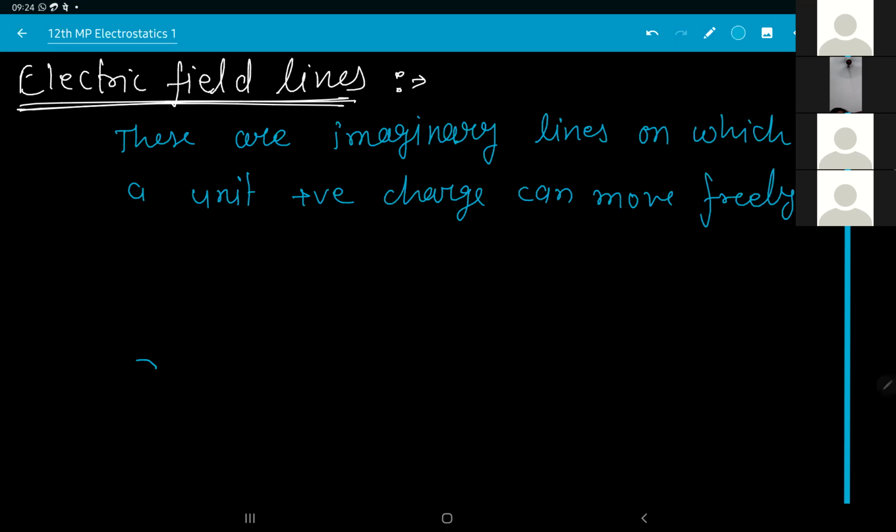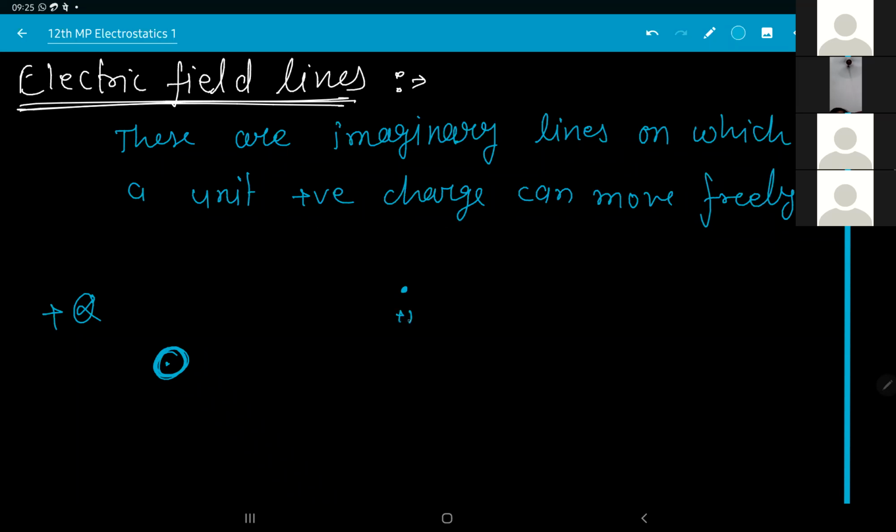Suppose we have a positive charge here. It's Q of any amount. I'm not telling you the amount. It may be of any amount, plus Q. And we want to find the direction of force at this point. Then what to do? We put a unit positive charge at that point.